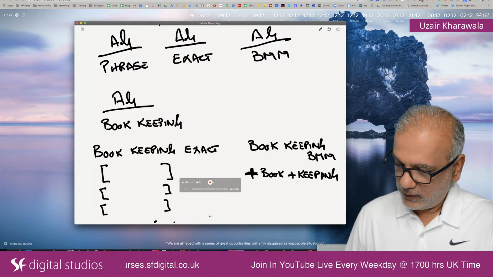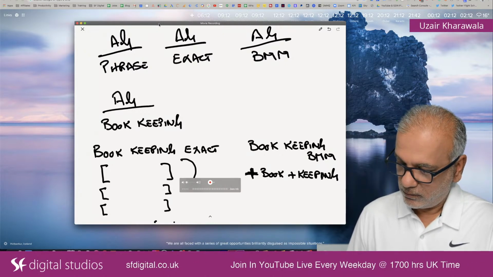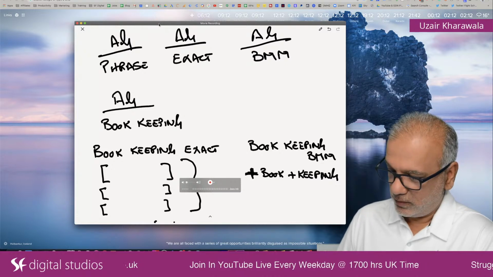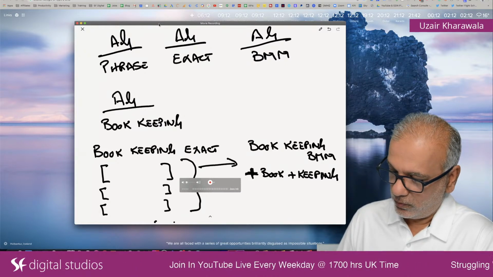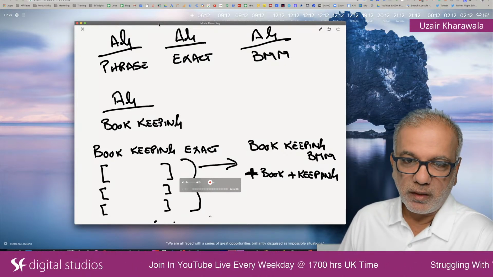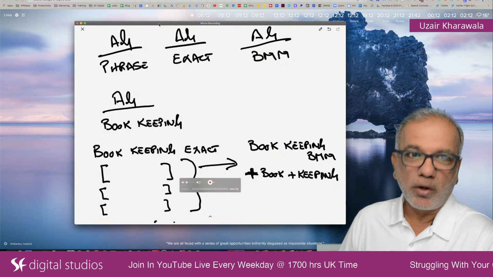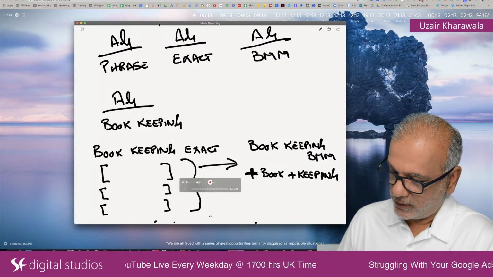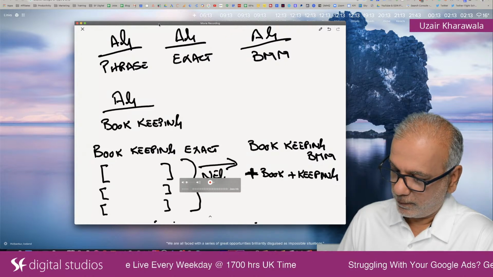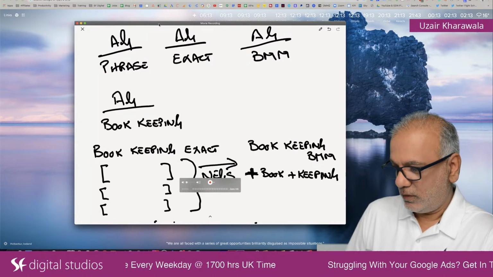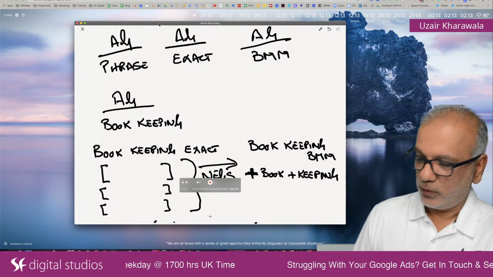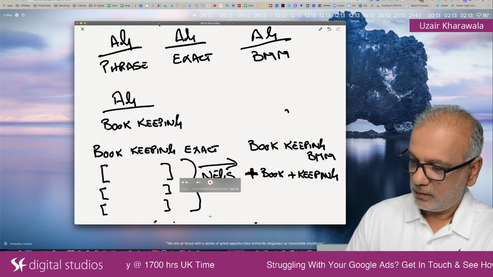Then all these exact match keywords in the exact match ad group go into the bookkeeping broad modified ad group as negatives, because we don't want the exact match search query to be triggered by this one.